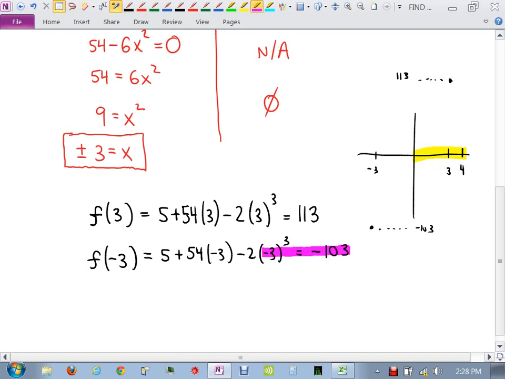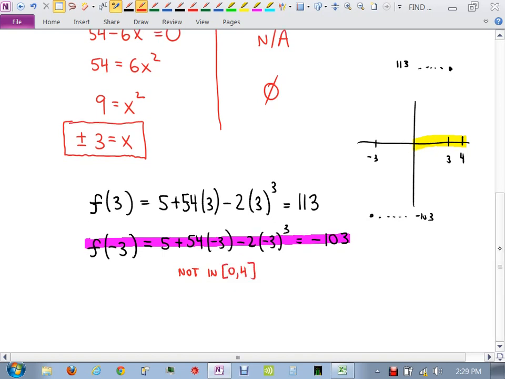So this one right here, we should just scratch from our thoughts. That's a common mistake, all right? You get the critical numbers, then you forget the interval. So I'll put a little note under there, not in 0, 4. Okay, now we're done with the first step.